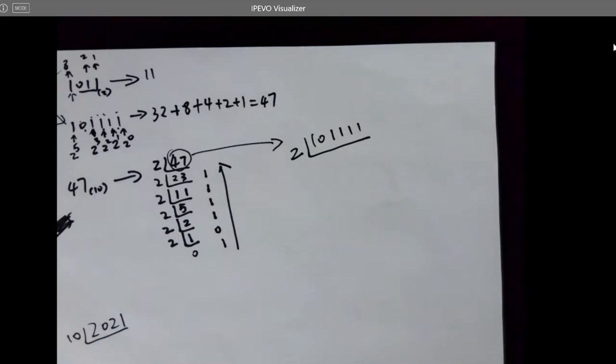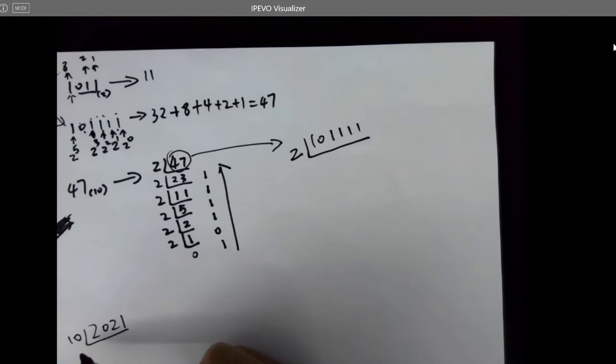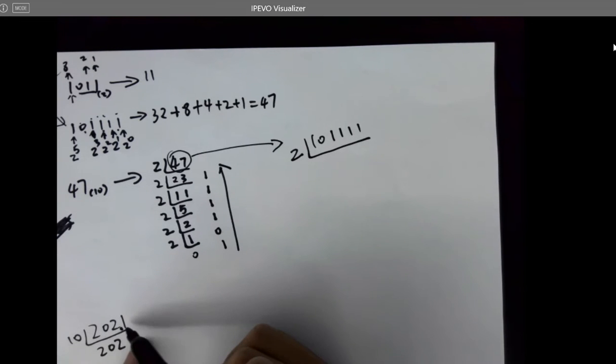This is very interesting, right? For decimal numbers, you divide by 10, what's actually happening to the number? To the left. So you divide this number by 10, because you move the decimal point to the left, you are getting 202.